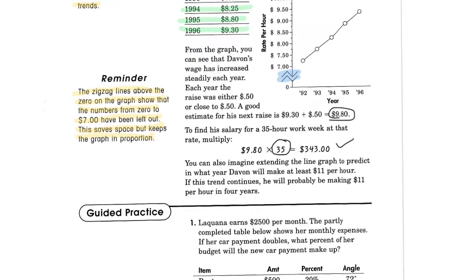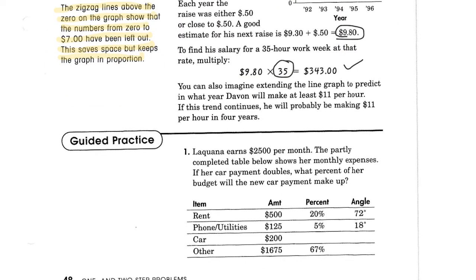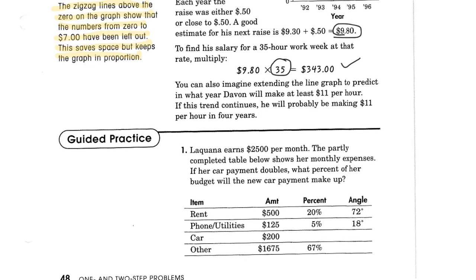Okay. Now, it says Laquina earns $2,500 per month. The partly completed table below shows her monthly expenses. If her car payment doubles, what percent of her budget will the new car payment make up? Now, if you remember, when we've done problems like this before, we know that she earns this much.